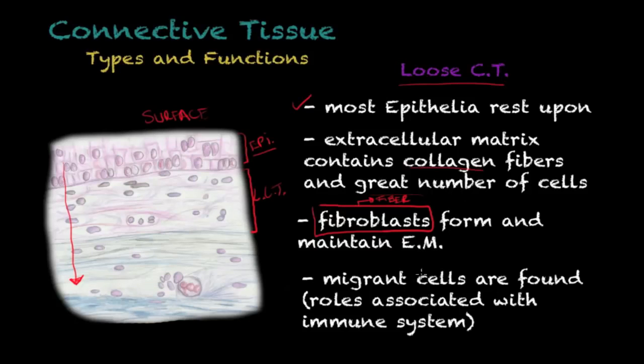Another type of cells that you will find in loose connective tissue are called migrant cells. As the name indicates, these are cells that do not last for too long in this area. So they are here, they perform what they have to do, and then they leave. And these cells have roles associated with the immune system.